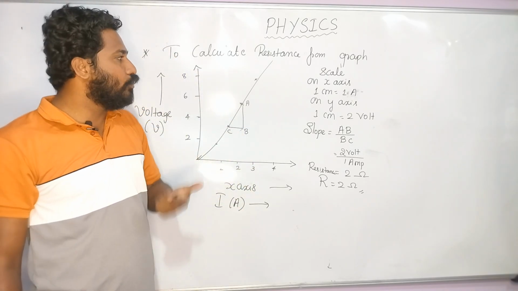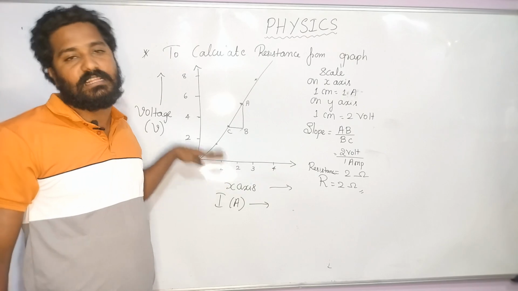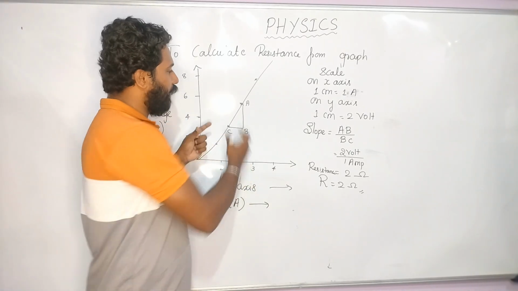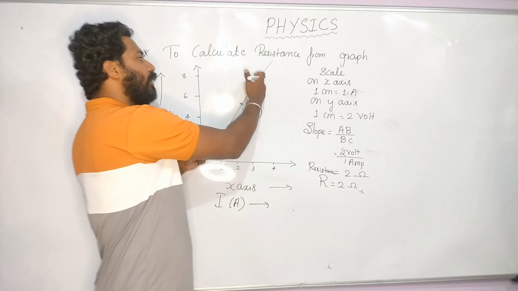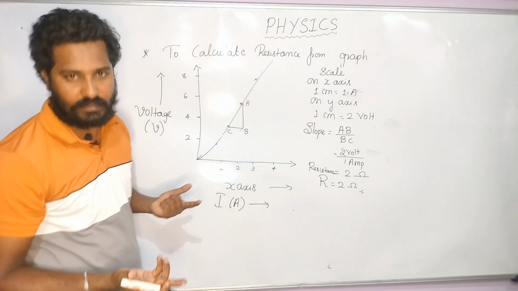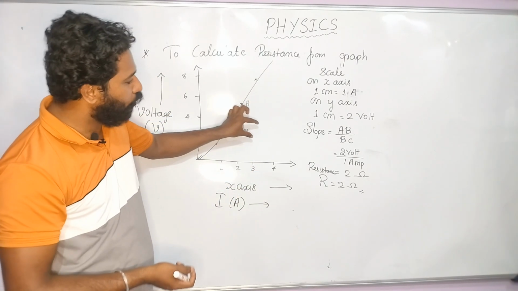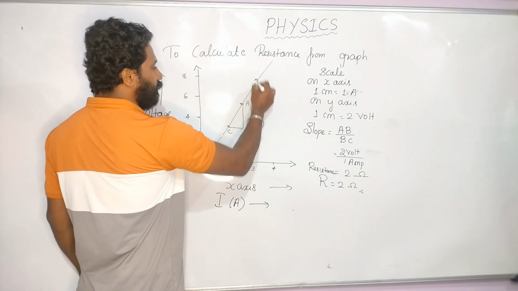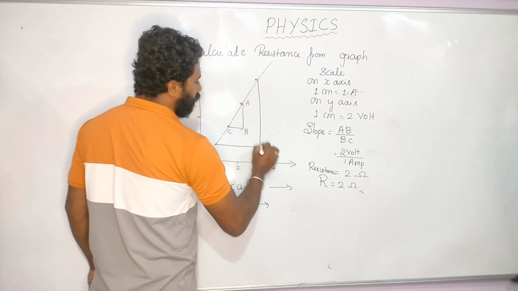Or if they ask you to draw the graph, you just take whichever scale you want, children. Is there any rule that I have to take only this many? No, you can also draw a big triangle. But you have to count how many boxes: 1, 2, 3, 4, 5. Suppose I have taken from here to here.